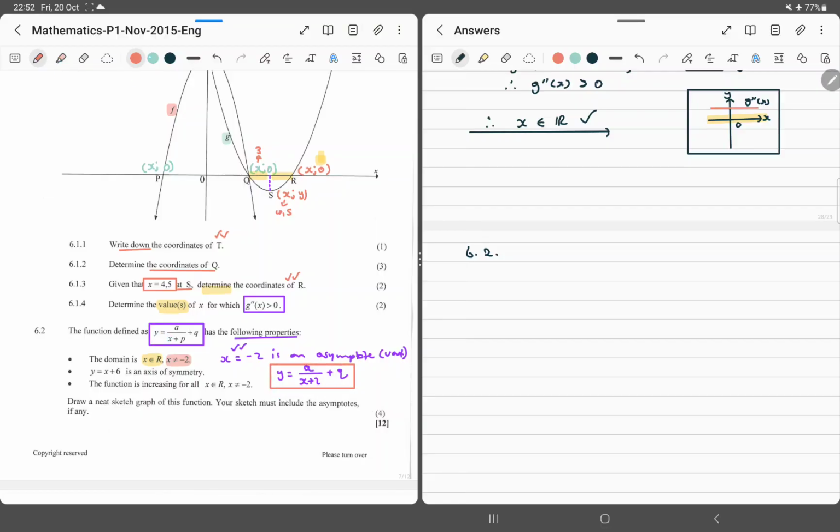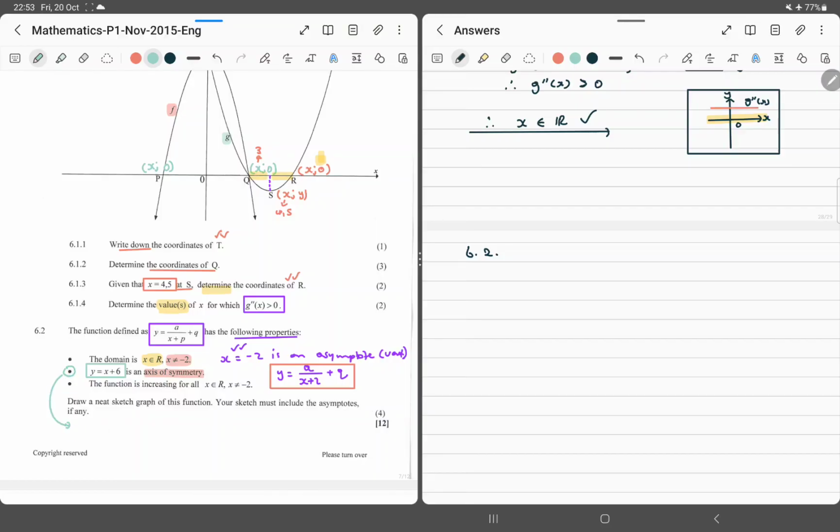Okay, let's move on. Let's continue analyzing. We're told here y equals x plus 6 is an axis of symmetry. Can you see an axis of symmetry? This one, if you look at it, is the one with the positive gradient because x is positive. So how do we interpret this?